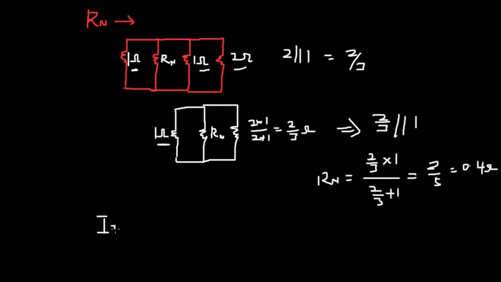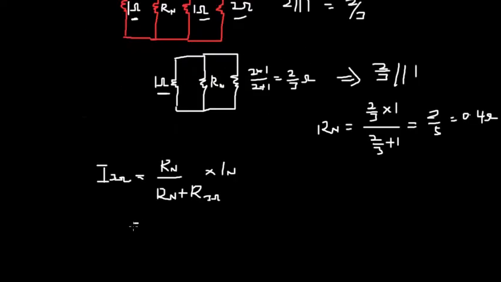We are finding for the 3 ohm resistor. So we have RN divided by RN plus the resistor we are looking at, R, that's our 3 ohm. We are looking at the current passing through the 3 ohm resistor, and then you multiply that by your IN.